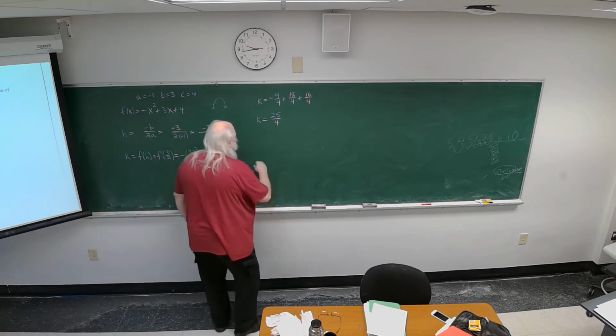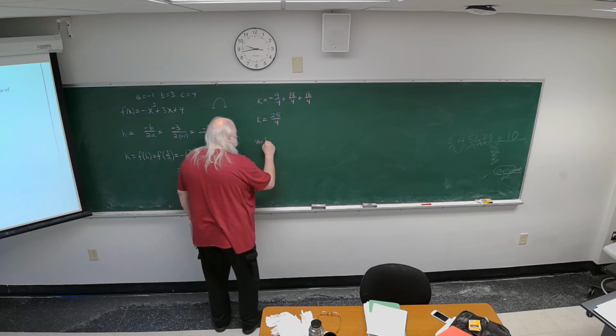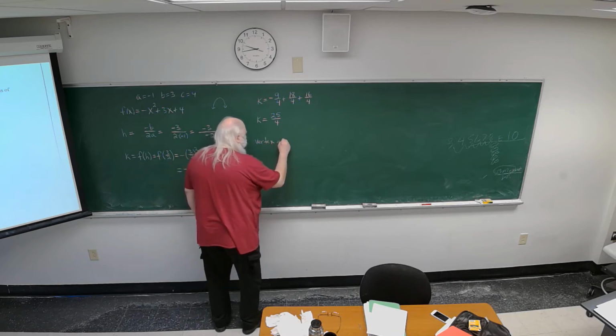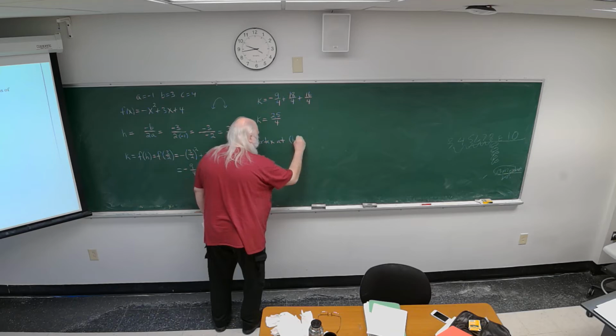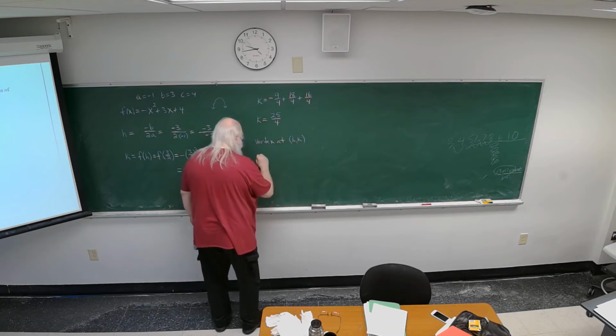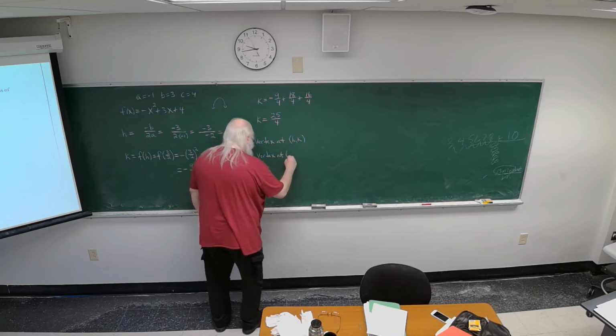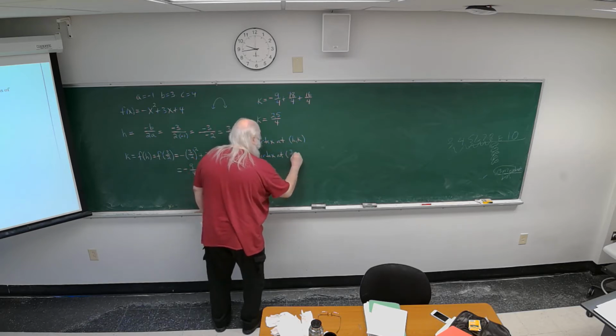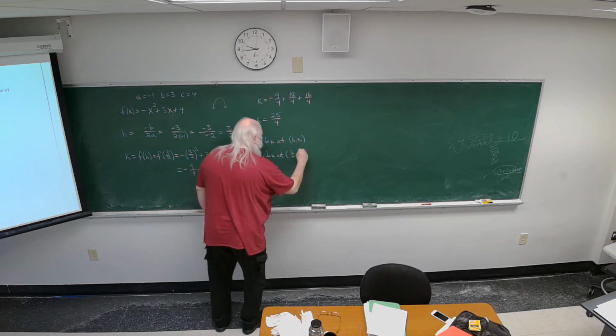So the vertex, which is at the point h, k, the vertex in this case is at the point 3/2, comma 25 fourths.